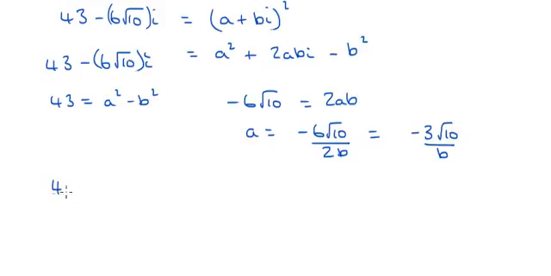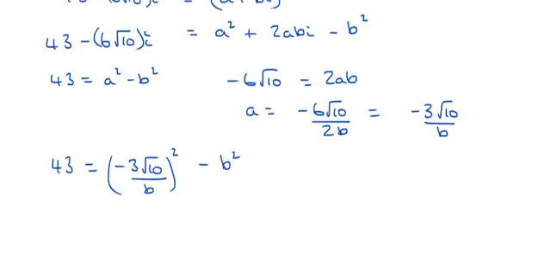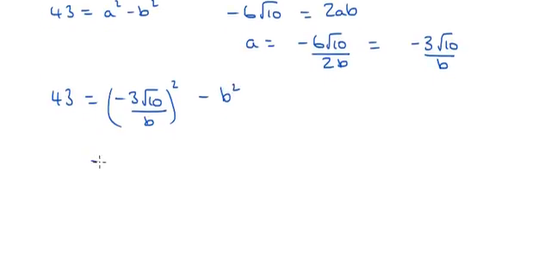So we can say that 43 is equal to -3 root 10 over b, all squared, and that's why it doesn't matter that there was a square root in here, because we're now going to square it and it's going to disappear, minus b squared. And if we do square this, we'll get 90 over b squared.